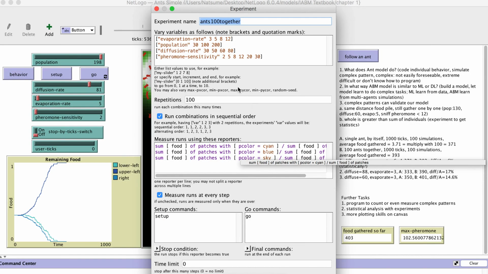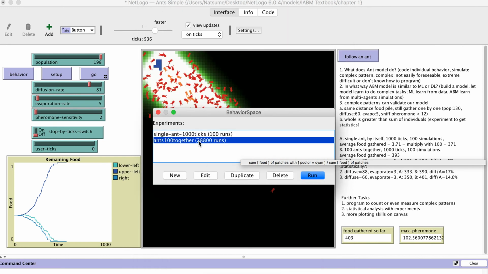So in that way, we run these experiments for, say, 28,800 times. Then we get all those data. Then we can plot those data to see whether it is true that for all those 3 types of patterns, the m value is in a different range.